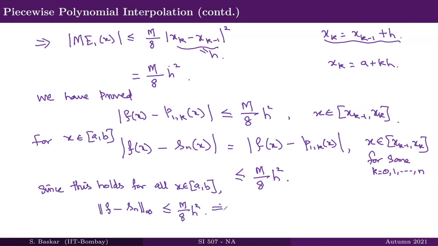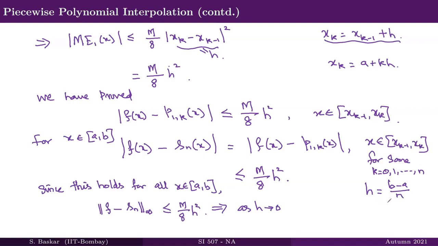Now this implies that as h tends to 0, which is equivalent to taking n tending to infinity, right? Because if you recall, we have taken h equal to (b minus a) by n. So you take n tending to infinity, it means you keep on increasing the number of nodes in the interval [a,b], thereby shrinking the length of each subinterval.